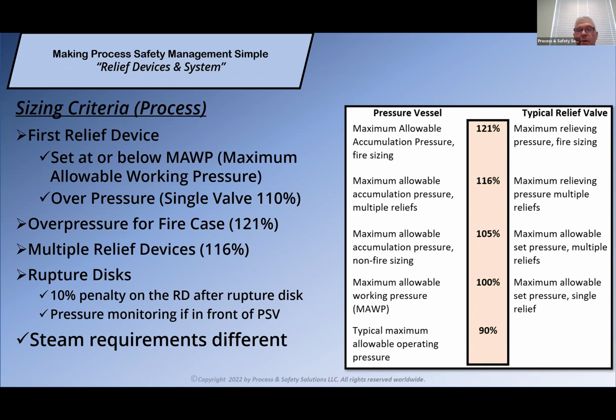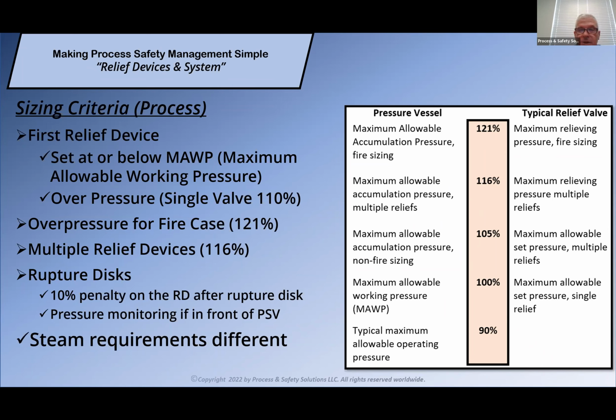For overpressure for a fire case, it can be as high as 121% of set. If you have multiple relief valves, in other words more than one, and a lot of steam systems, for example, have more than one relief valve required by code, you can have up to 116% of set. If you have a combination of rupture disc and a relief valve, there's a 10% penalty for that rupture disc in your sizing or your capacity of that relief device.